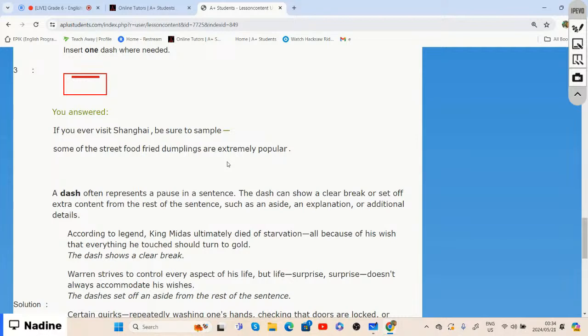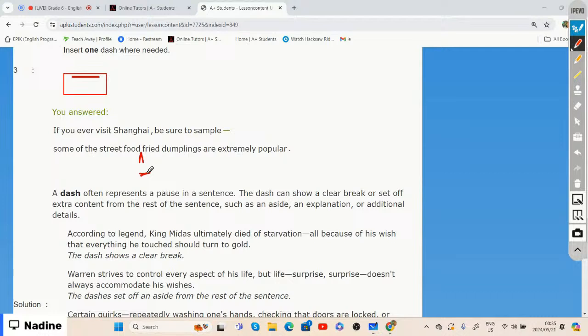Which means that if we were to add one dash, then we will separate it there.